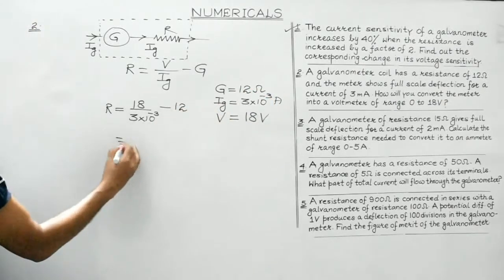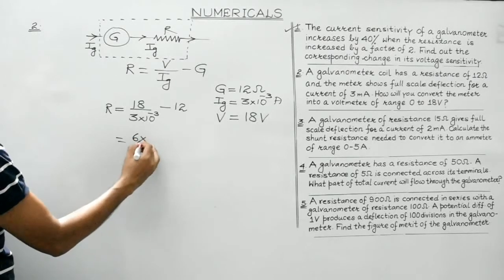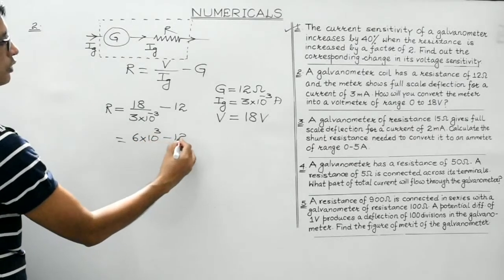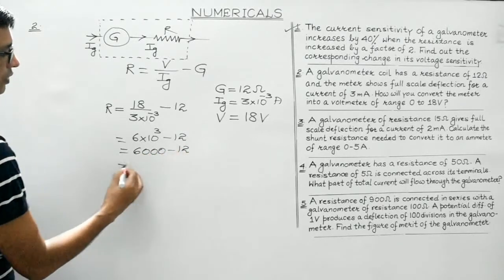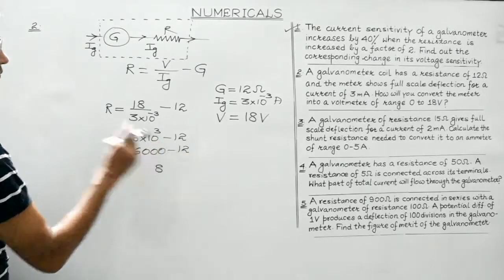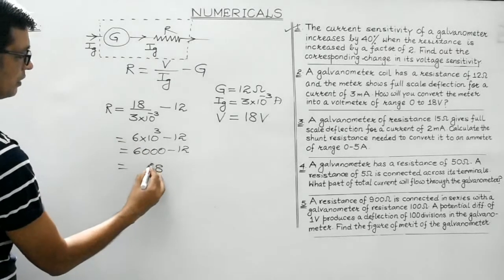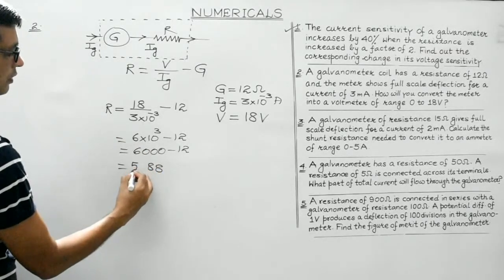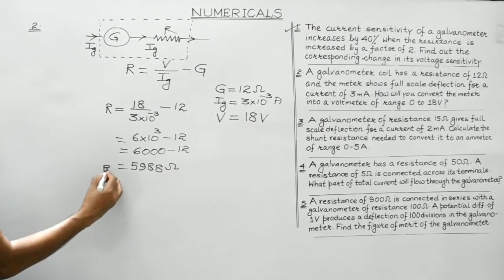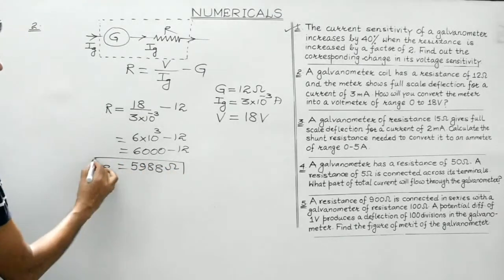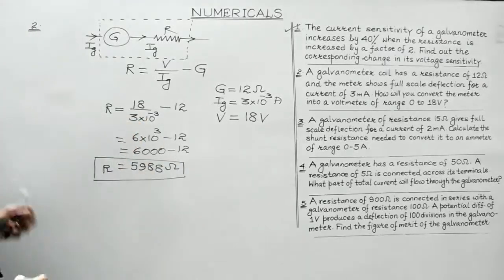So what we get is 6 into 10 to 3 minus 12. So it is 6000 minus 12, which is 5988 ohm. So students, this is the answer.